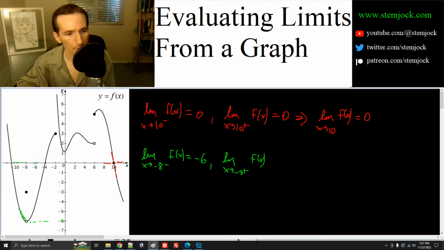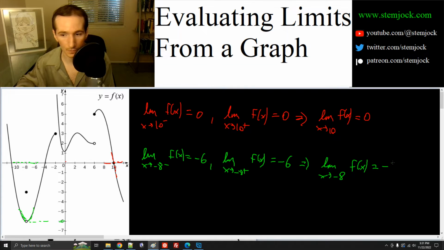The function approaches the same value, -6. So the limit of the function as x approaches -8 is -6.